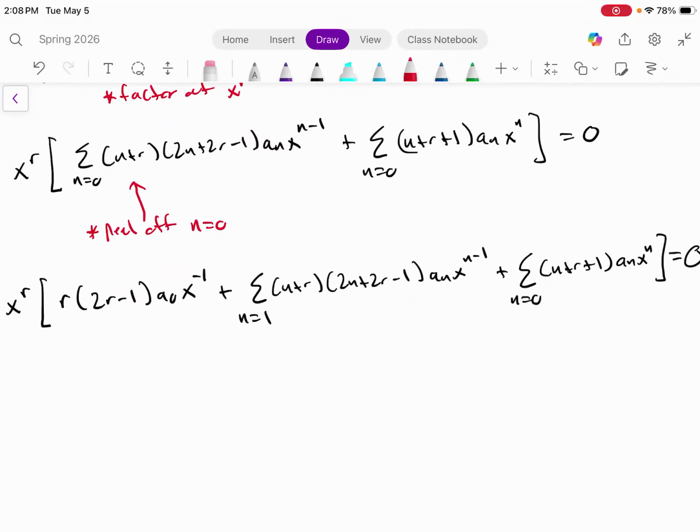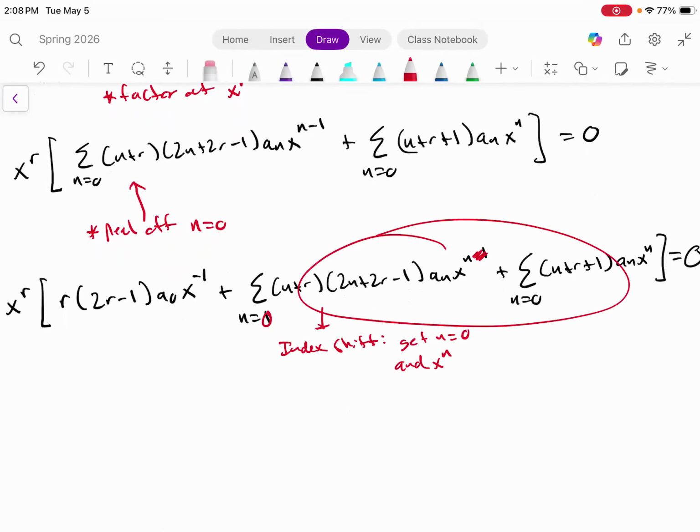So for here, we're going to index shift, because we want to get n equals 0, and we want to get x to the n. So if I index shift here, I'm going to get n equals 0, and I'm just going to get x to the n. That way I can combine these two series and make them one. Okay, so let's go ahead and try that out.